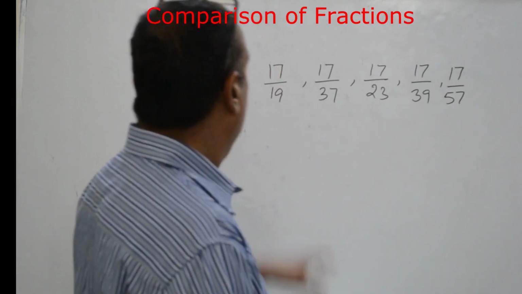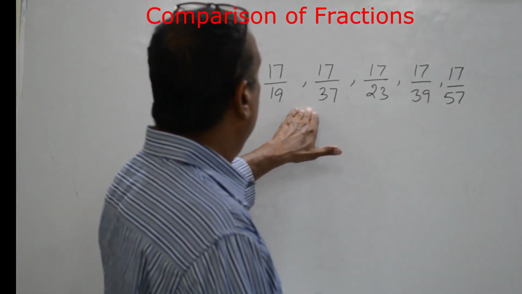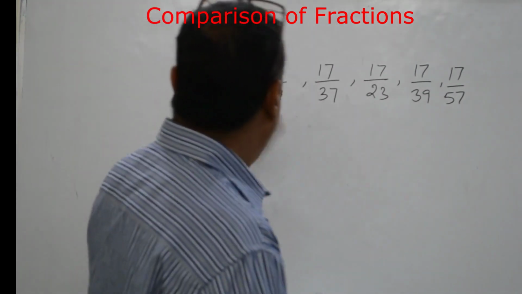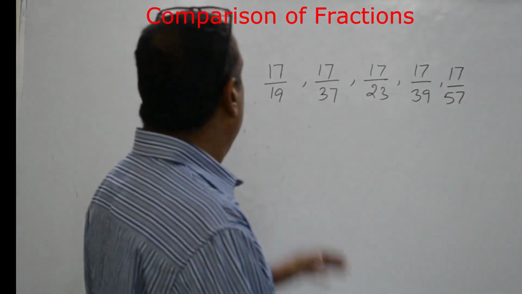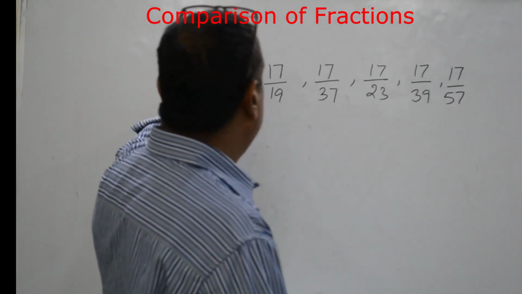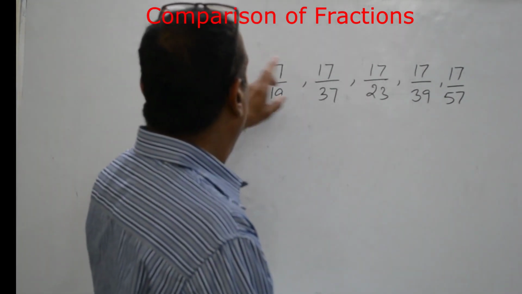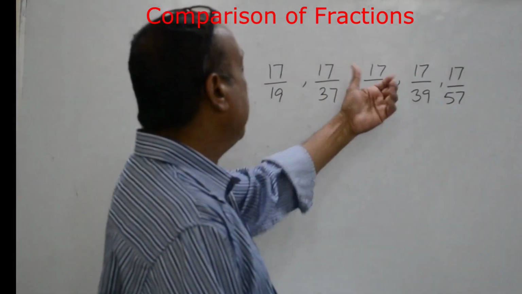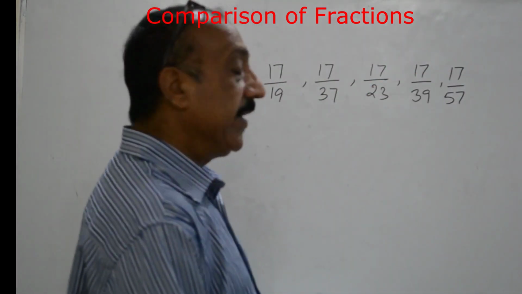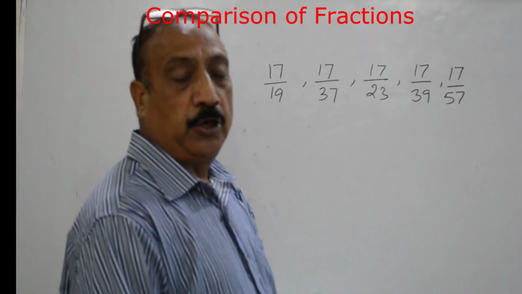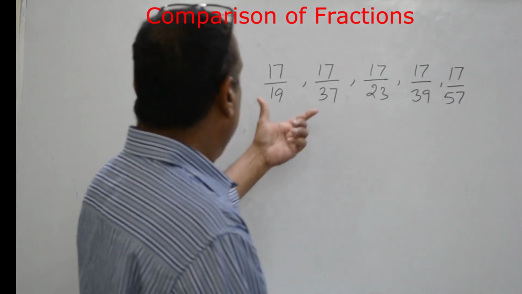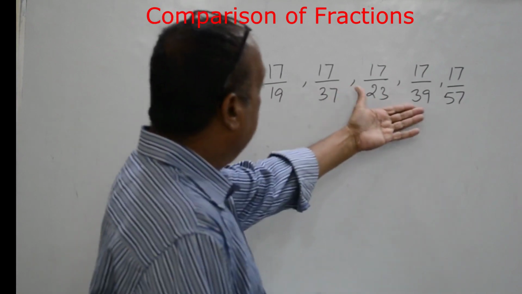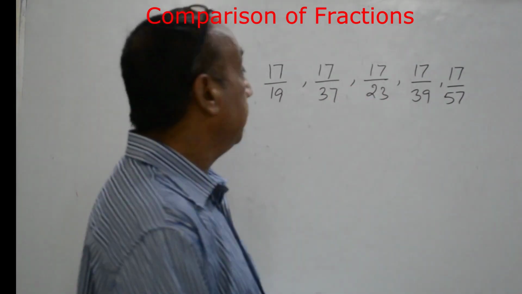Now look at this problem. Here all the numerators are the same. This has 17, this has 17. All of these have 17 as the numerator, whereas the denominators have different values.